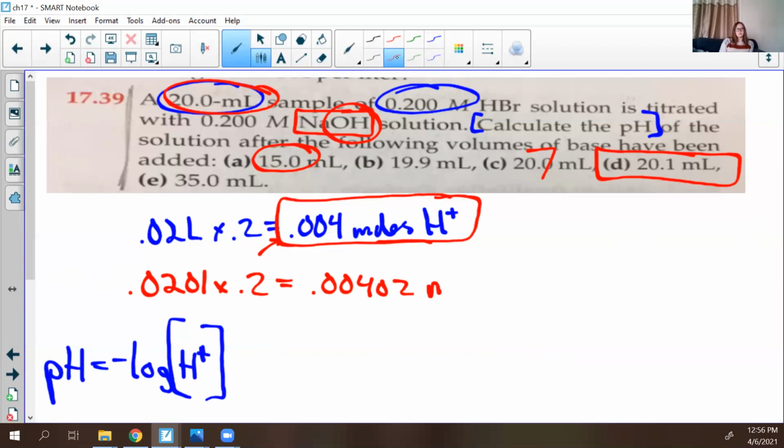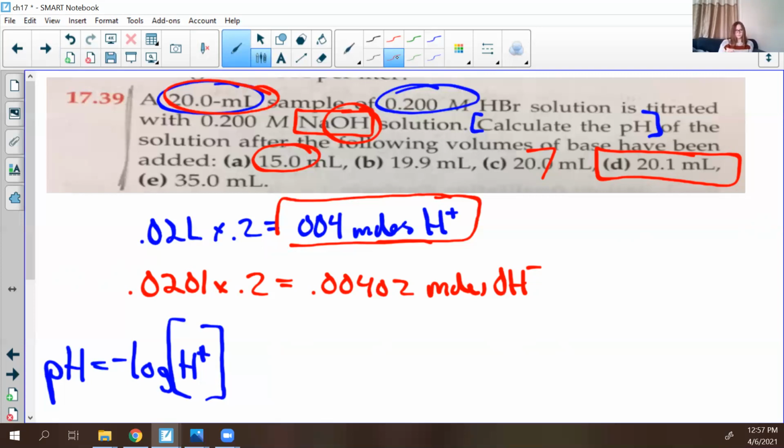That's the moles of OH minus. Sometimes they give us the constant of the OH, and we just put that.